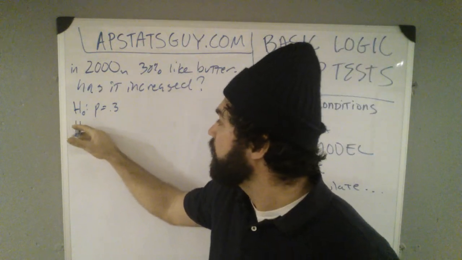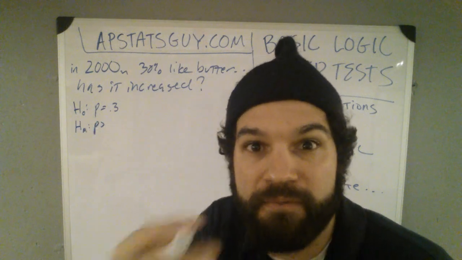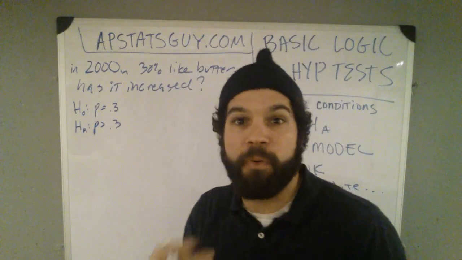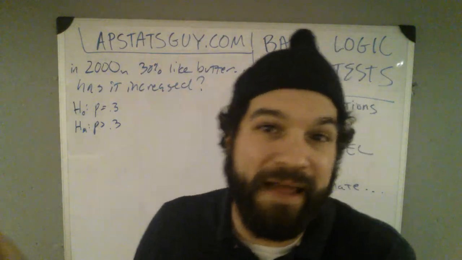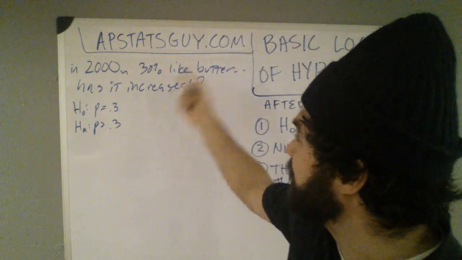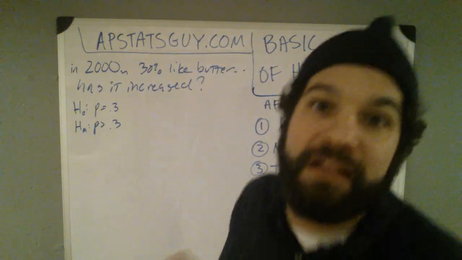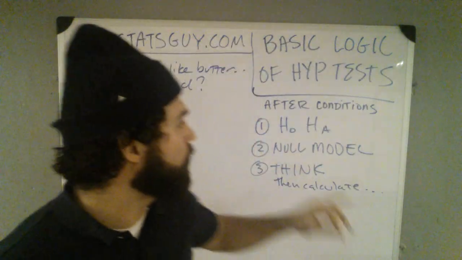There's my Ha: a significant increase, greater than 0.3. Has the proportion of people that like butter gone up? After the new news that came out that butter's not that bad, I have a feeling it's going to go up, but I don't know until I test my hypothesis. Step 1 is done. I did my Ho-Ha.